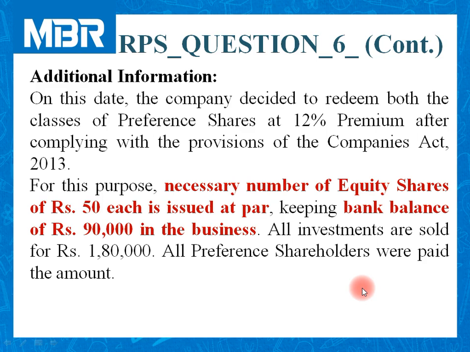All investments are sold for rupees 1,80,000. All preference shareholders were paid the amount. This is additional information given by the examiner.